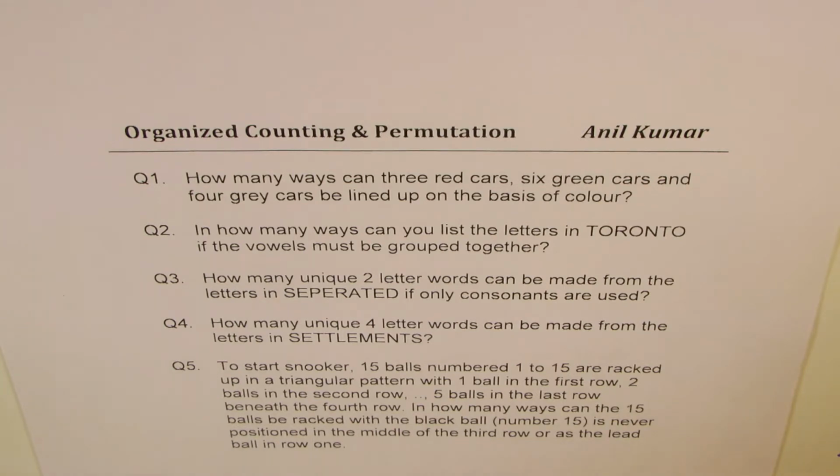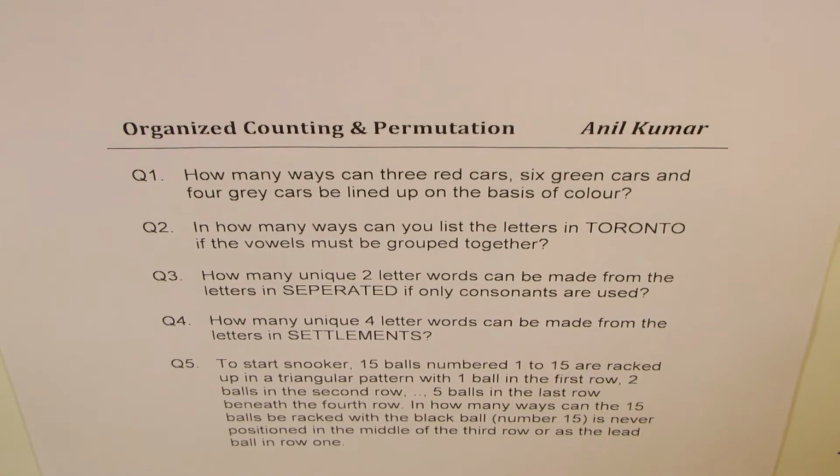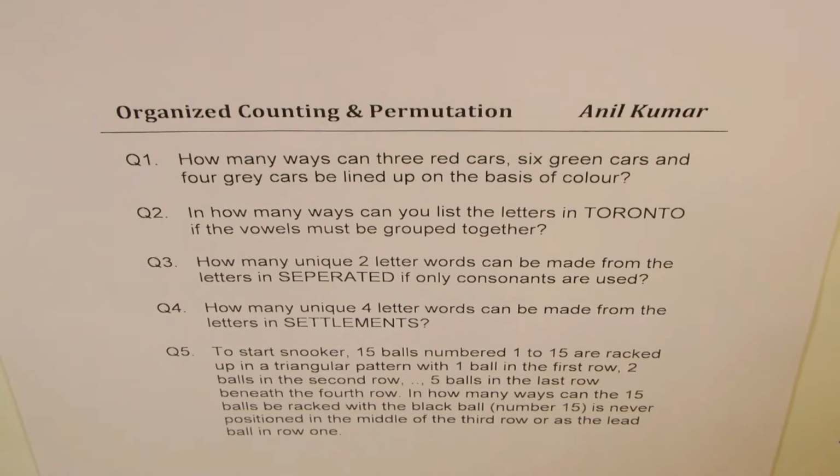Question number 5, to start snooker, 15 balls numbered 1 to 15 are racked up in a triangular pattern with 1 ball in the first row, 2 in the 2nd row, 3 in the 3rd, 4 in the 4th, and below that we have 5 balls in the last row, beneath the 4th row, right?